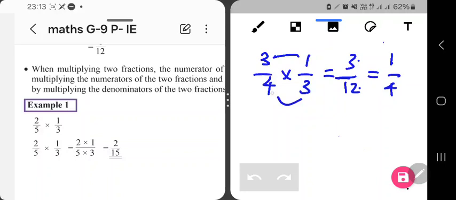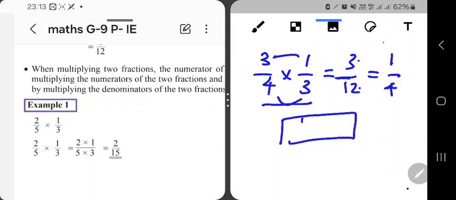Now if you just look at this section, how can we graphically think about this? 3 over 4, I can write it this way. These two parts are covered.